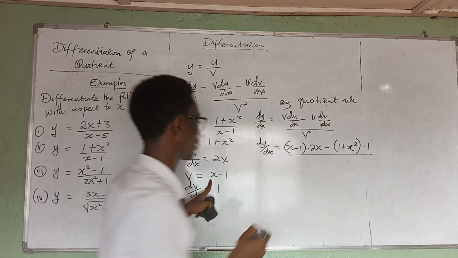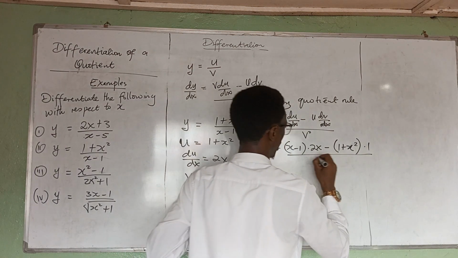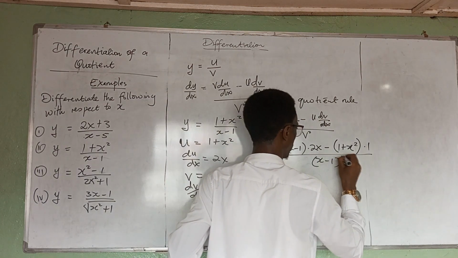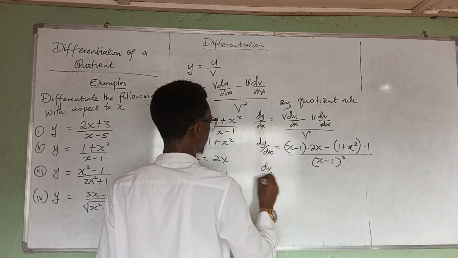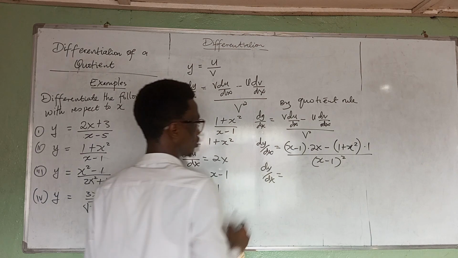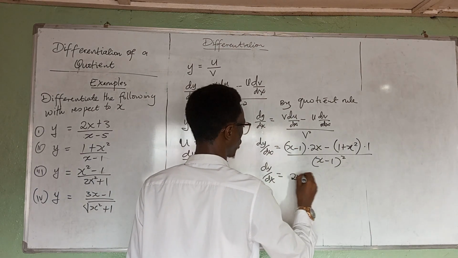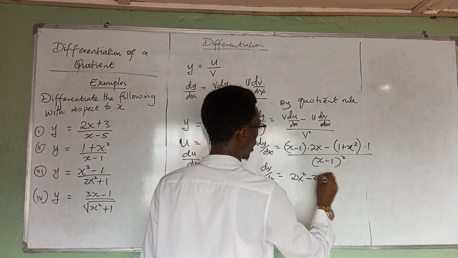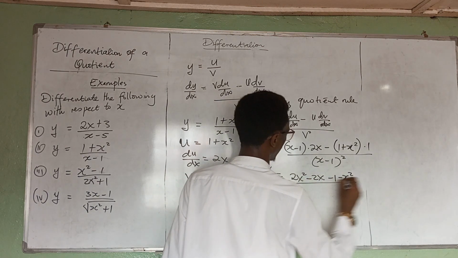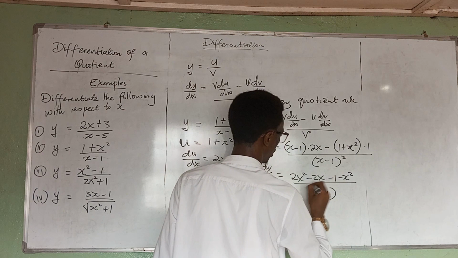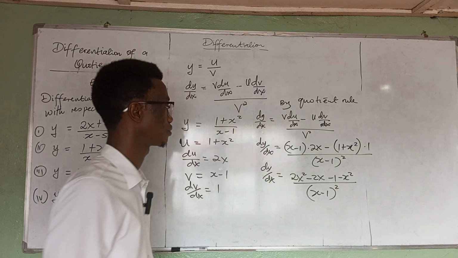Your v is x minus 1, x minus 1 all square. I nearly forgot this one. So dy by dx equals, multiply now, this becomes 2x squared minus 2x, this becomes minus 1 minus x squared, everything here divided by x minus 1 all square.